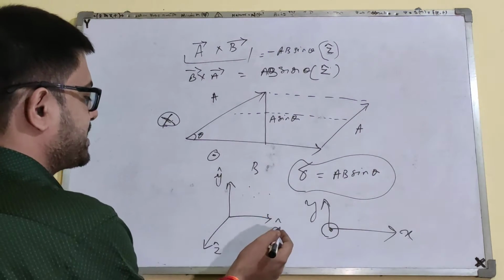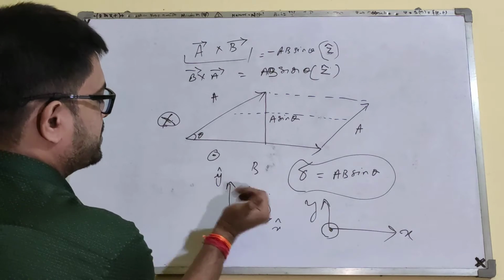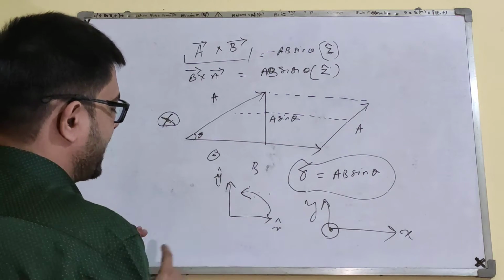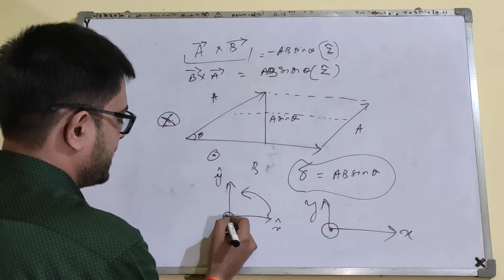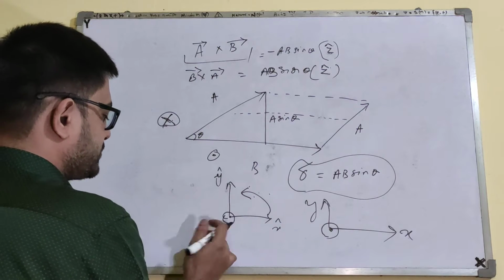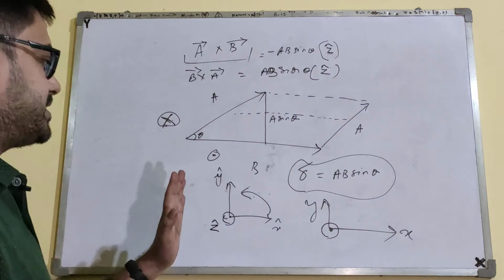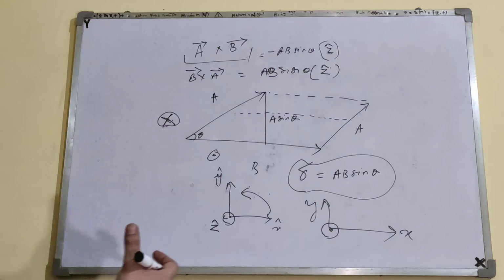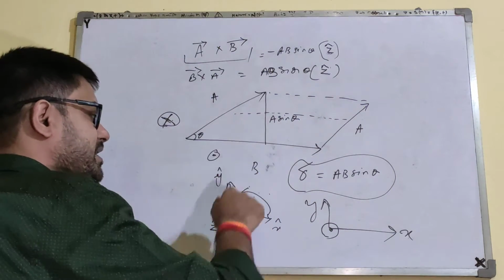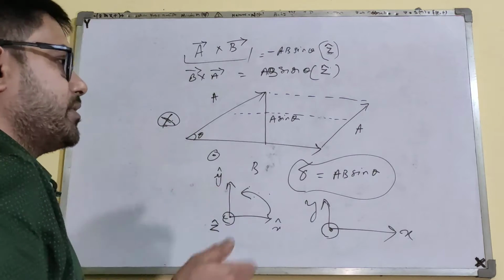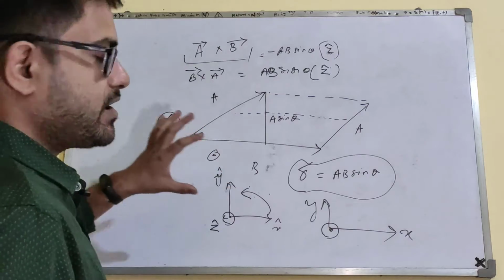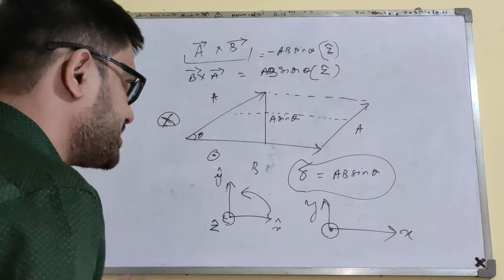That's why the rotation from x cap to y cap will indicate the direction z cap, which actually would be like this. Z cap will be upward. So that's why we name the coordinate axes in accordance with the right hand thumb rule, so that all the rotations happening inside the coordinate frame can easily follow the rotational tendency or the cyclic order of our coordinate axes. That makes things much simpler.